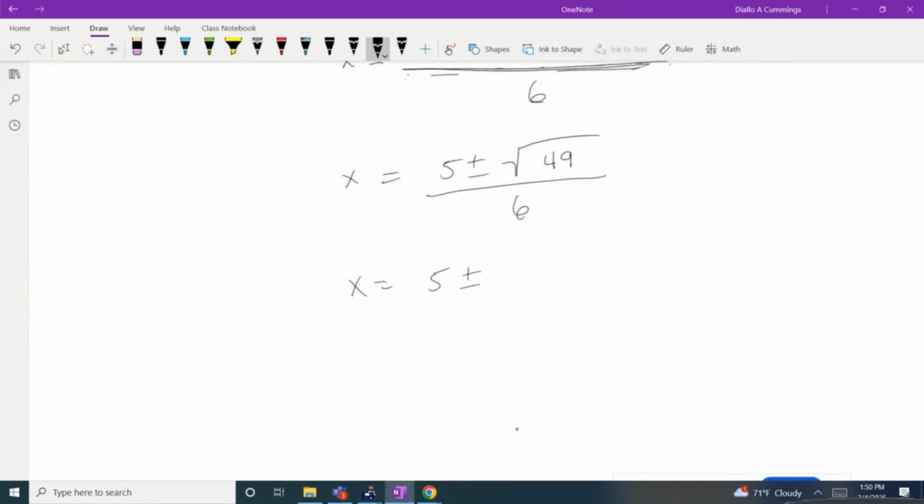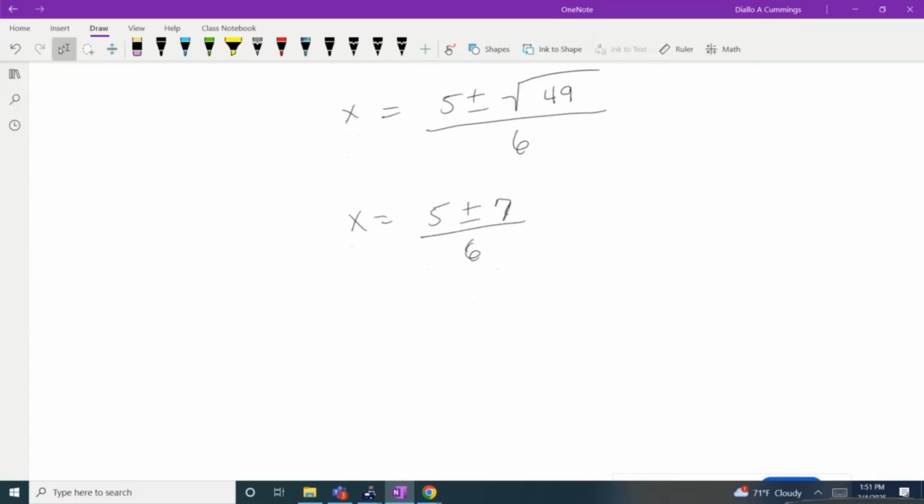I want to bring down a plus or minus. The square root of 49 is 7, divided by 6. Right. So now here's where the two answers come in. X is going to equal 5 plus 7 over 6, or 5 minus 7 over 6. So this plus or minus separates out our two answers.